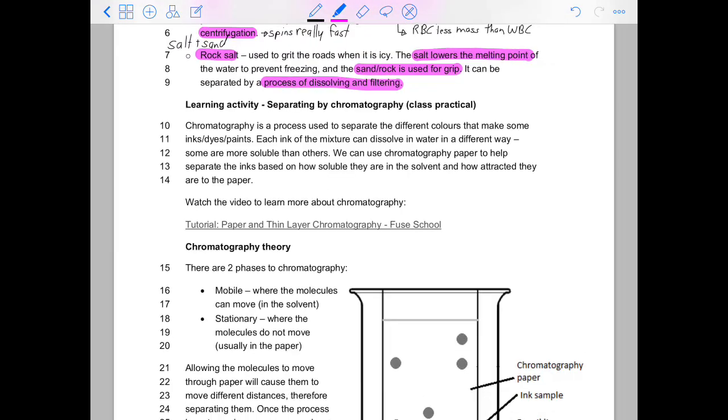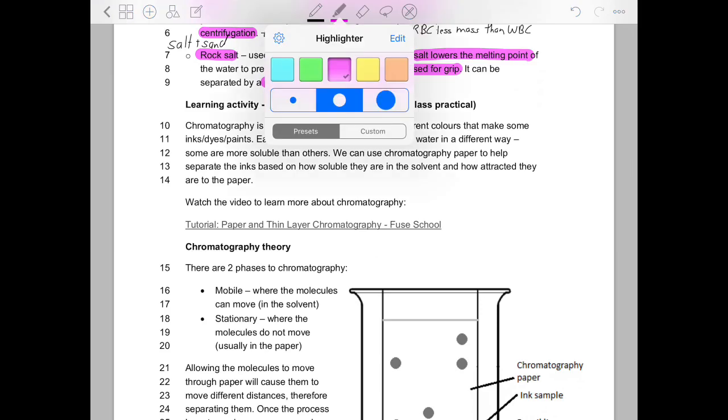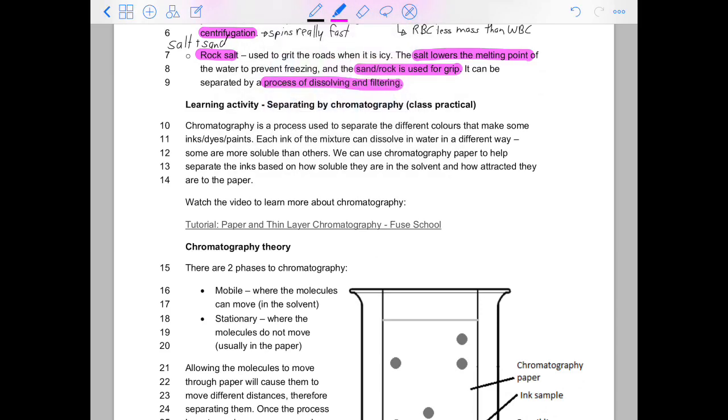So as I said, we'll look more now into chromatography, which is the process of separating based on solubility. So chromatography is a process used to separate different colors in some inks, dyes, and paints. So that is the most common use, to figure out what's in that mixture of inks or in that mixture of different pigments and things like that.